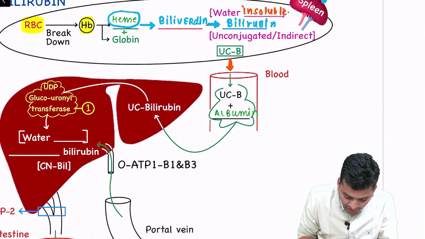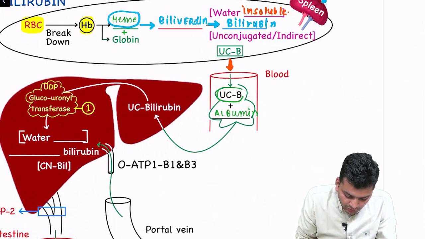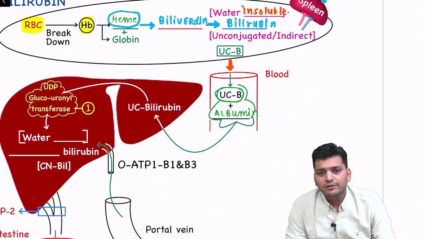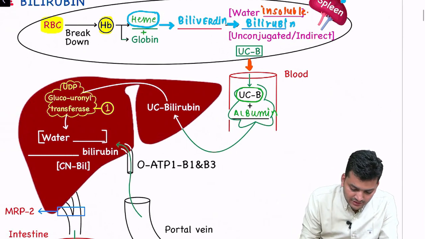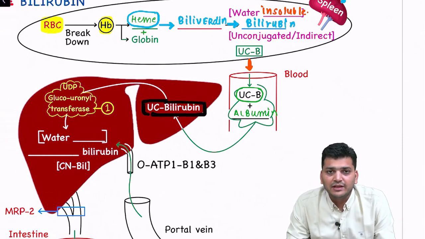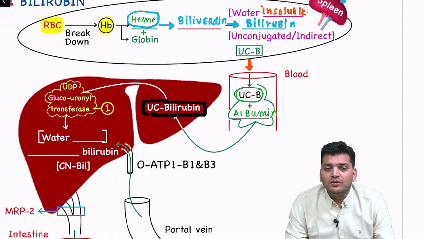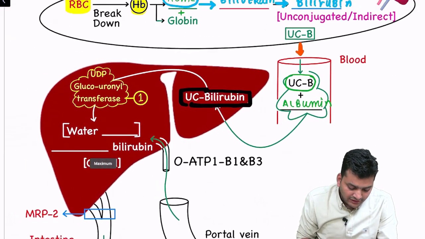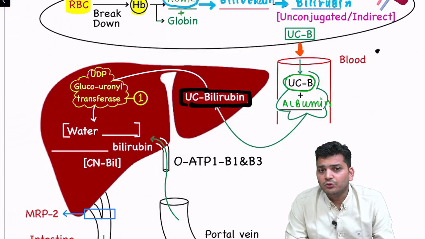So with the help of albumin, the unconjugated bilirubin, meaning the water insoluble bilirubin, and albumin will club together and go towards the liver. When they reach the liver, in the liver we have one special enzyme, glucuronyl transferase, that is going to add the uronyl group.